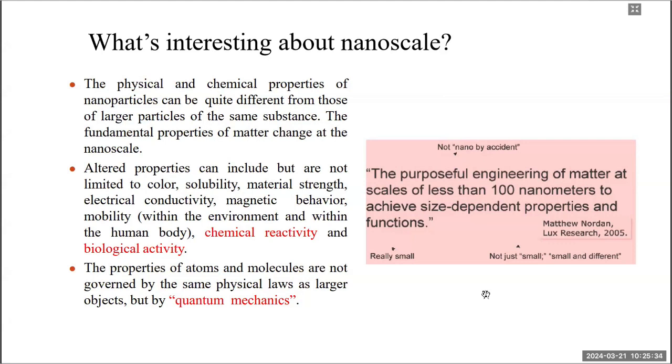Then I have also mentioned quantum mechanics, and that is what people are using to make quantum computers. There are a lot of ideas about it, and there is one idea about molecular computing as well.